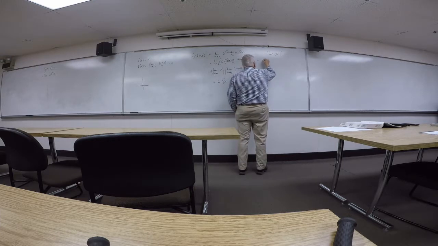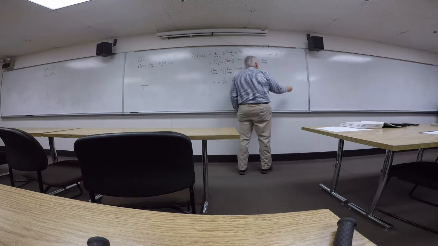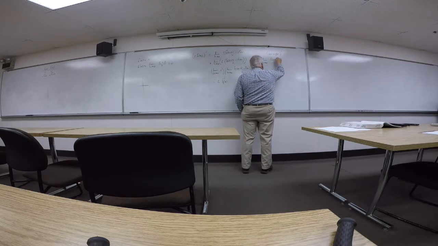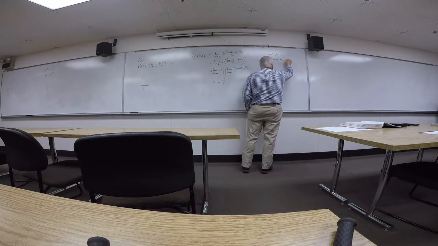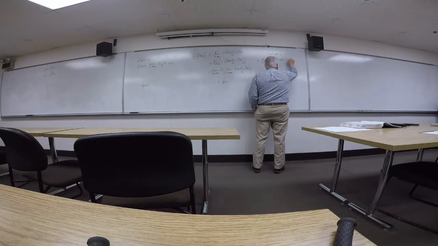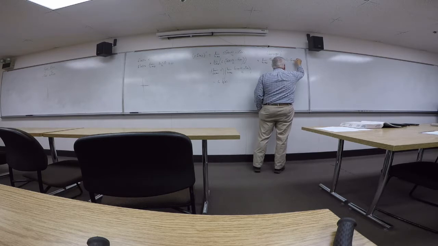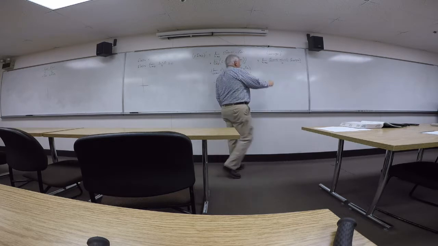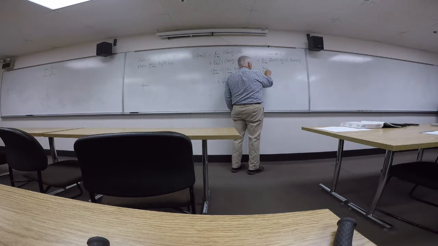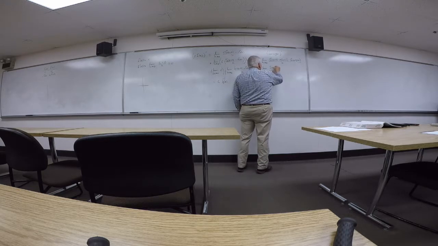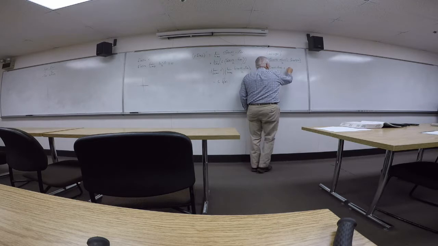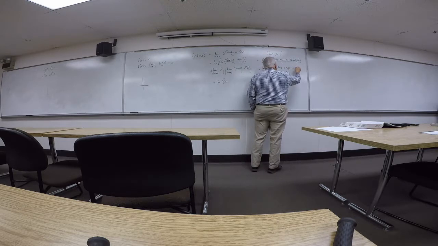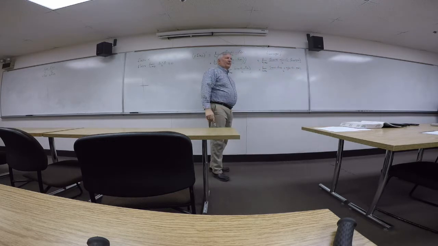By definition, limit as h approaches 0 of f of x plus h plus g of x plus h, minus f of x, g of x, all over h, which regroup terms: limit as h approaches 0, f of x plus h minus f of x plus g of x plus h minus g of x, over h.